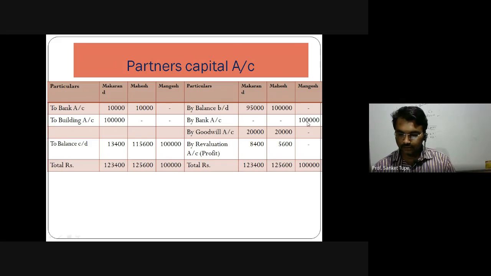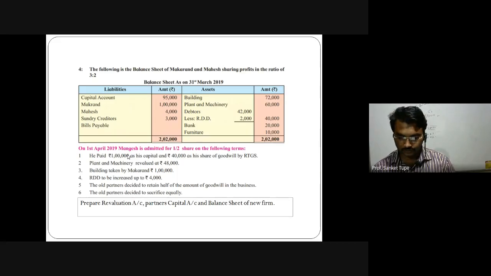Why is it? Because the bank, he brought the cash, he brought the capital. Then goodwill account, goodwill distribution created, revaluation profit created, debit side, withdrawn of goodwill amount 10,000 and 10,000. Building withdrawn debit in the Makarand capital account 1 lakh rupees, and the final balance is 13,400, 1 lakh 15,600, and 1 lakh rupees of Mahesh.